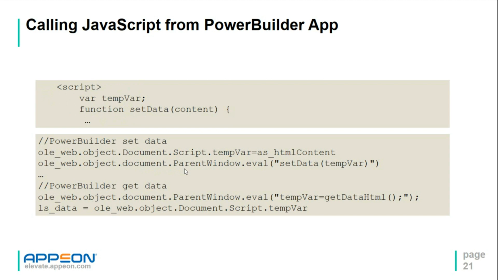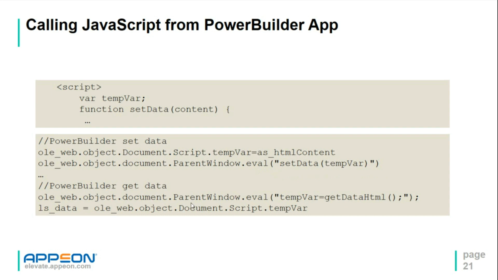For example, when you want to pass HTML content, you can't just simply put it as an argument. It has lots of escape characters. The easiest way to pass that is to set that content to a JavaScript variable first, and then use the parent window.eval method, where you specify the JavaScript method that you want to call with that temporary variable.